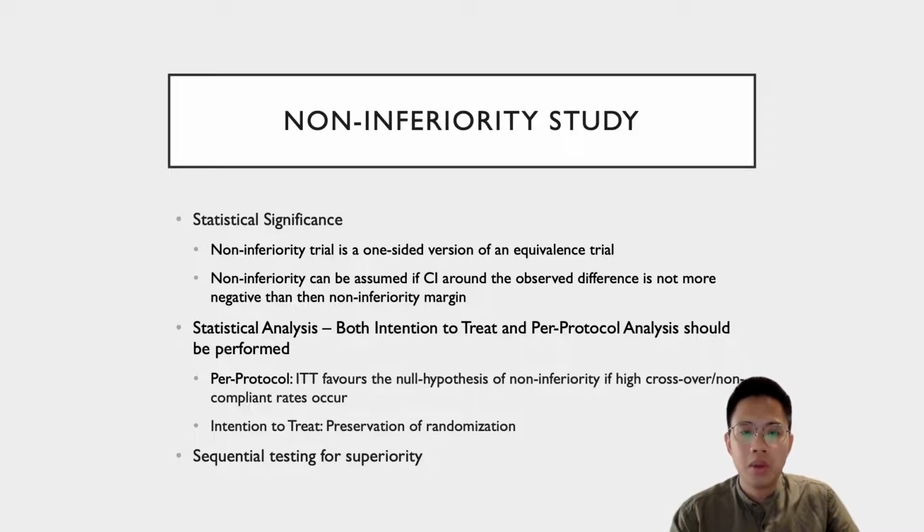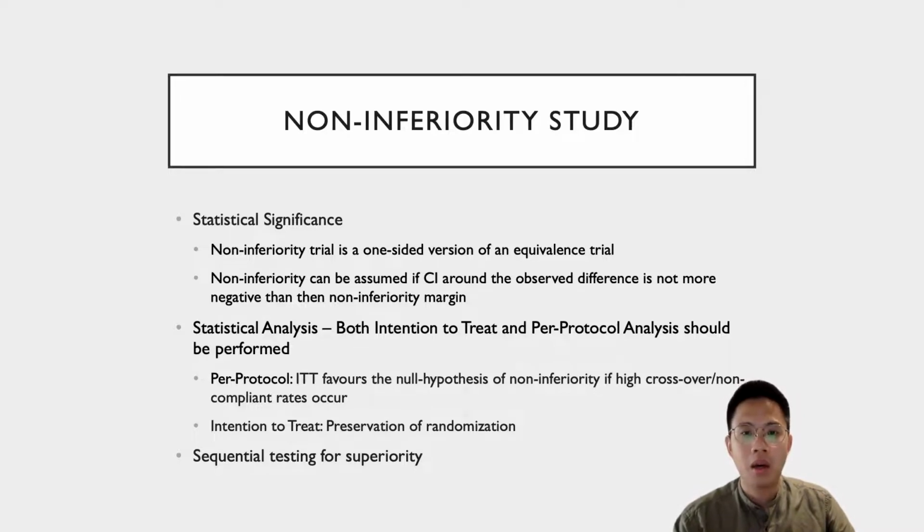On the other hand, we would usually still want the intention to treat analysis to be done, because as mentioned, it is at the end of the day important to preserve the randomization. So usually what we want to see is that there is corroboration between both the per protocol analysis and intention to treat analysis, and that both outcomes show that there is non-inferiority based on the pre-specified statistical margins.